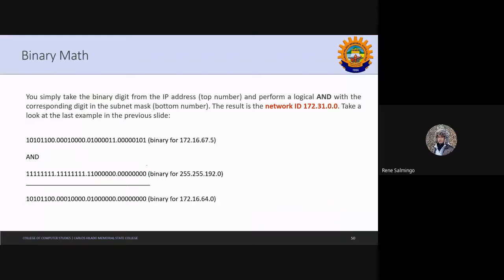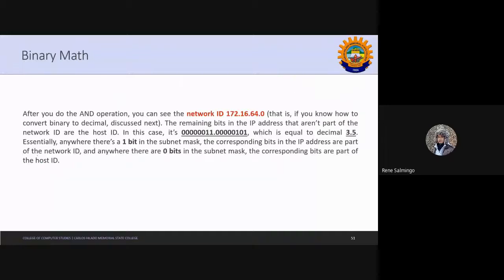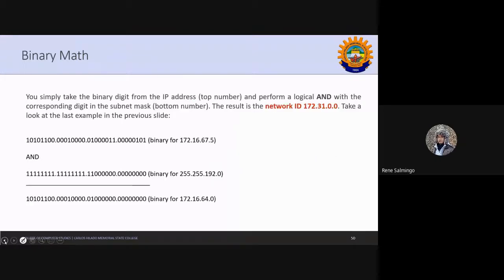For example, we have 172.16.67. So what will happen? Given the subnet mask and the IP address, you will compute. With this number, all of this will become 0 as compared by AND logic. And showing the values on this side, this would be correct: 1 because you have both 1, you will have 1.